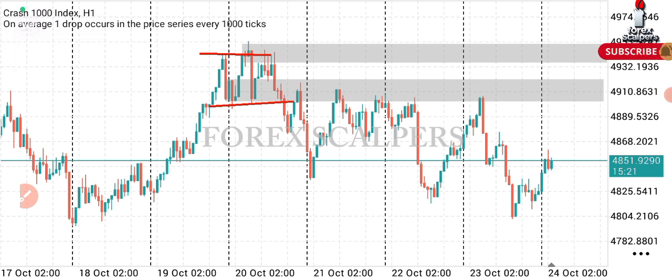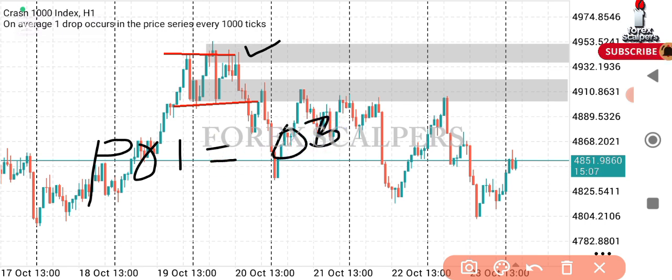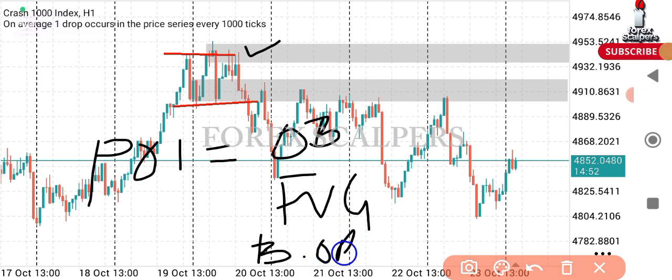Now my point of interest can be what? Another block. My POI, which is my point of interest, can be an OB, which means order block. It can be a fair value gap or an imbalance, right? It can be a breakers order block.